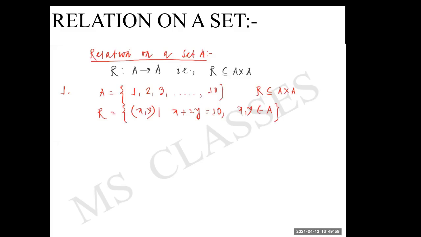Now, if you take y equal to (10 minus x) by 2, if you rewrite this, it is 5 minus x by 2.